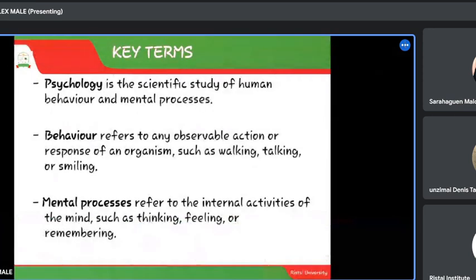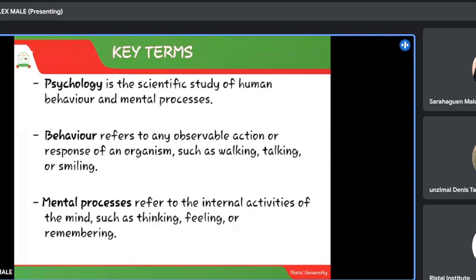Defining the key terms. Generally, the key terms that we are going to face in this module are psychology, behavior, and mental processes. Beginning with psychology, just as a general term, it is the scientific study of human behavior and mental processes.